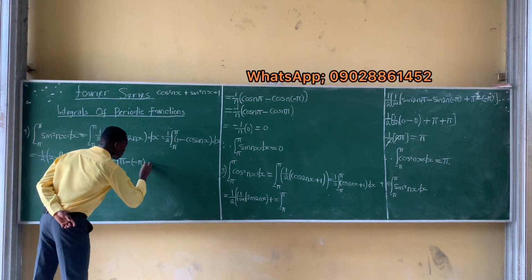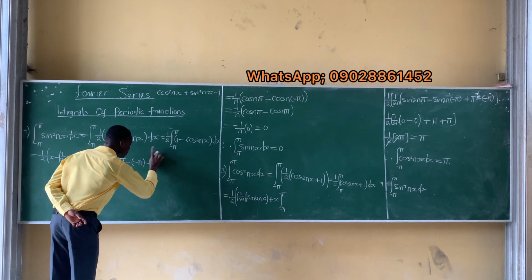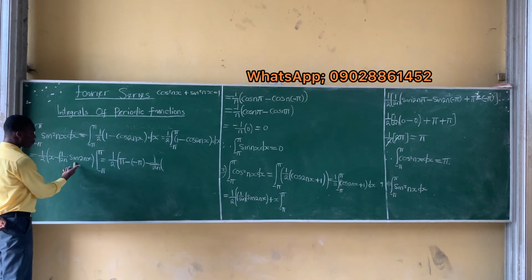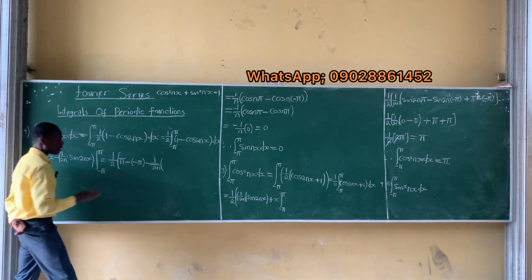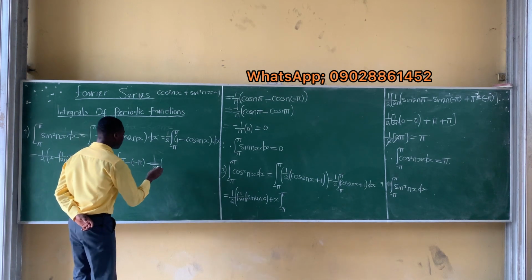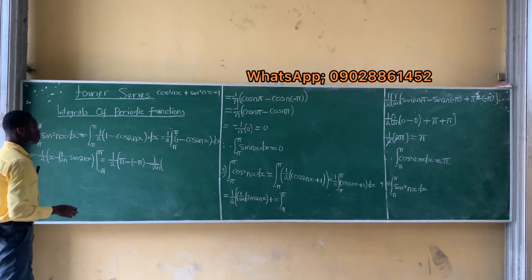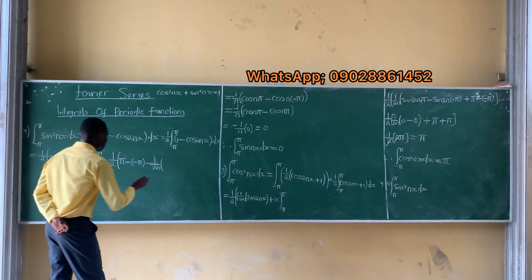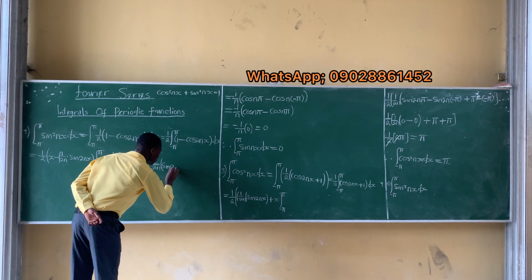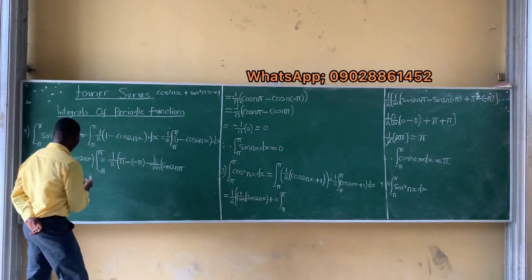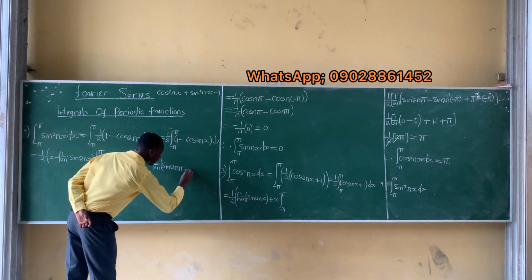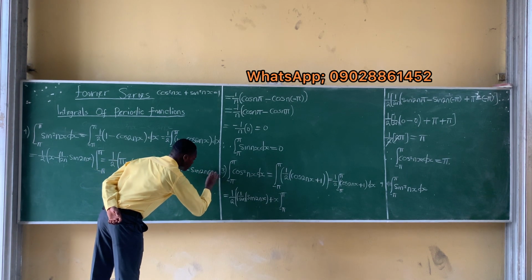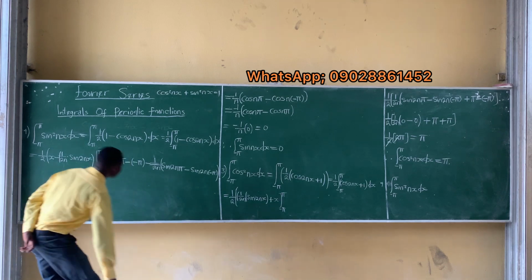Then we have minus 1 over 2n into, you substitute for sine, you have sine 2n pi. Then also for the lower limit, you attach minus sine 2n minus pi. So this is what we have.